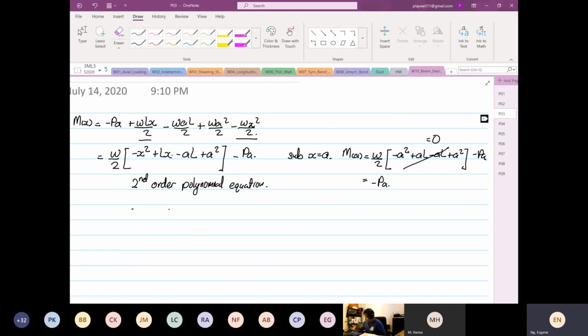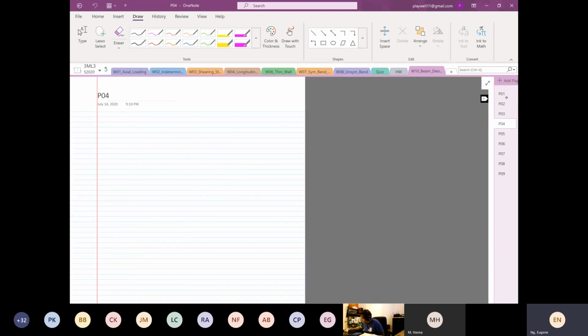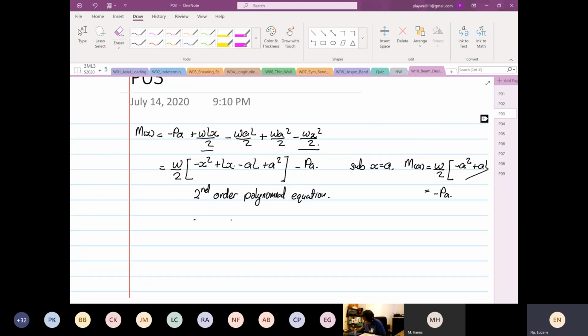Now coming back to here. So this is a second order polynomial equation. Then I'm going to substitute. We know it's second order and has a negative sign, so the highest term is negative. It will be a sad face.